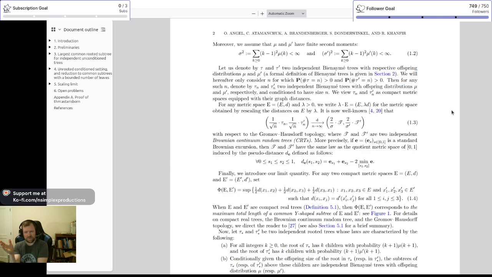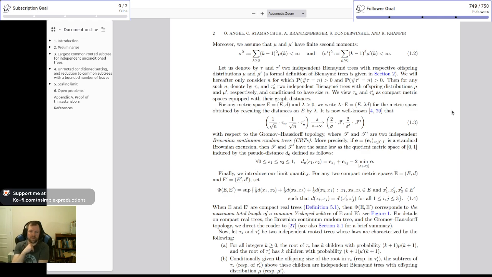So s1, s2 must be between 0 and 1 inclusive, and s1 is smaller than s2 if different. d sub E of s1, s2 is equal to E sub s1 plus E sub s2 minus 2 times the minimum of E on s1 to s2 inclusive.